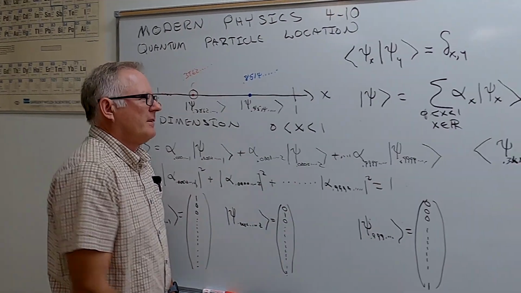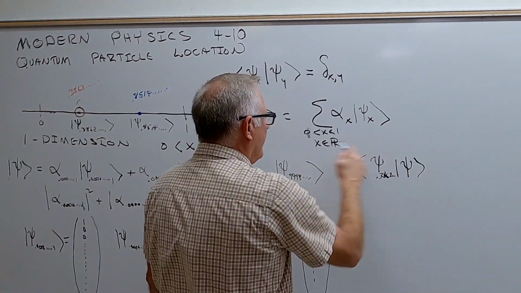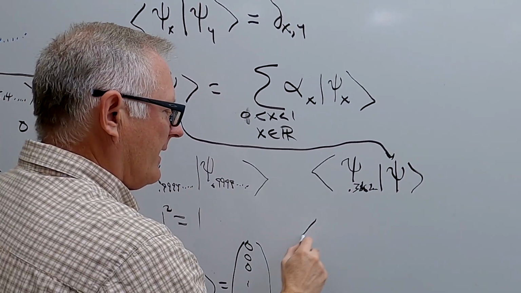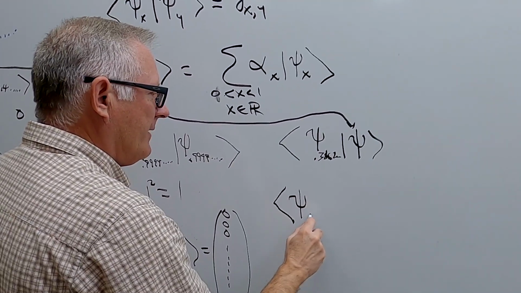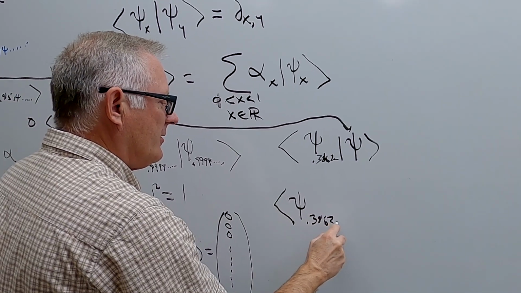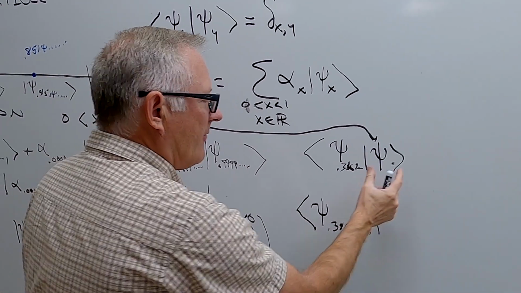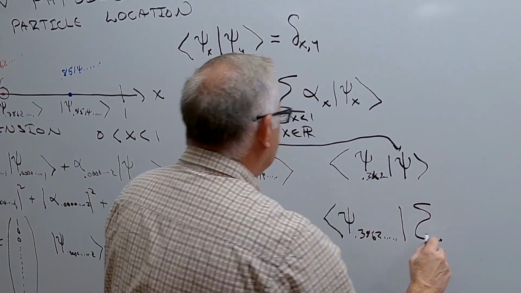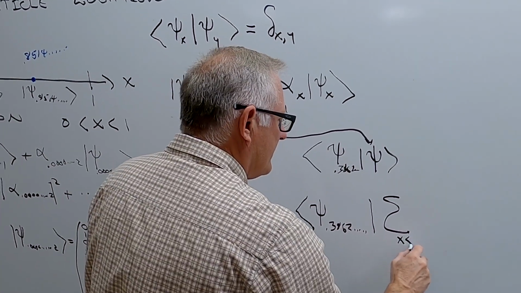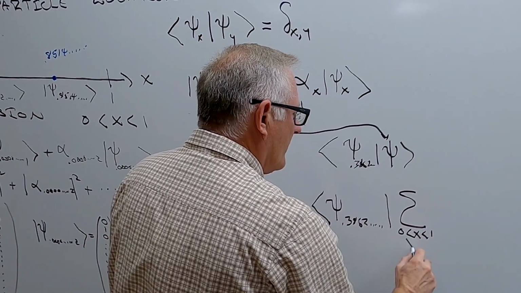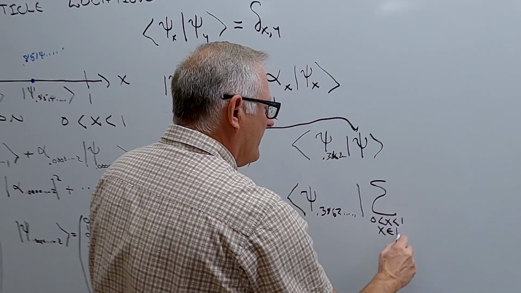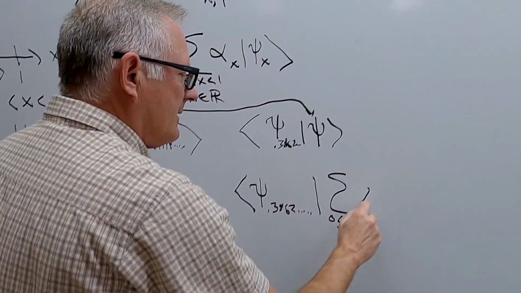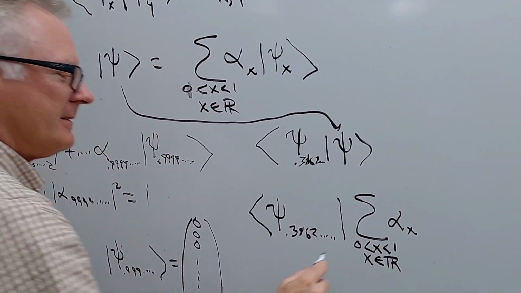Well, I'll just plug this in here. And so we get psi of 0.3862... And then for this, I'm going to put in this sum, x between 0 and 1, where x is an element of all the reals, of alpha sub x, psi of x.